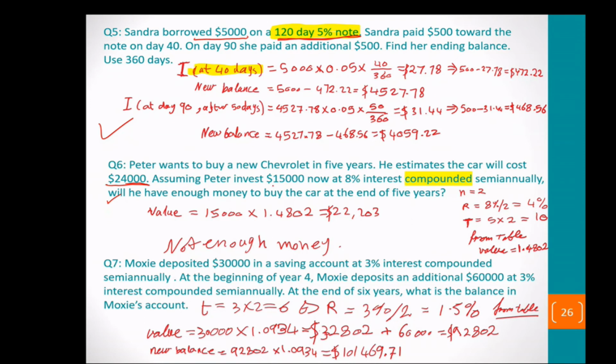Assume Peter invests $15,000 now at 8% interest compounded semi-annually, and we need to use the table. Will he have enough money to buy the car at the end of 5 years? Yes or no? I need to find the value after 5 years.